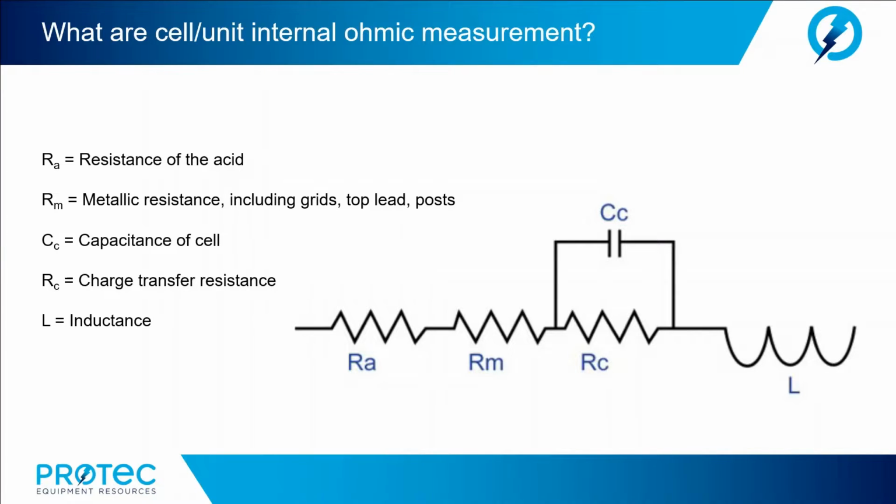The inductive reactance in the current path through the battery is so minuscule when compared to the huge capacitive reactance of the cell that it is often ignored in most circuit models of the battery cell. Taking the basic model of a battery cell, manufacturers of battery test equipment have developed and are marketing testing devices to take measurements of the current path in order to detect degradation in the internal path through the cell.